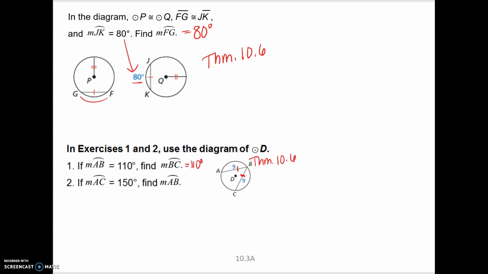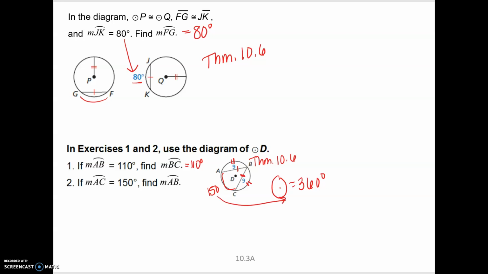Okay, and the last one says if the measure of arc AC is 150, find the measure of arc AB. For this one, I know that these two arcs, AB and BC, should be the same. And I know that a whole circle is equal to 360 degrees.